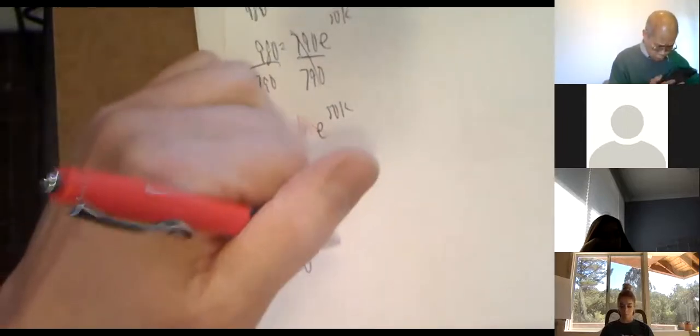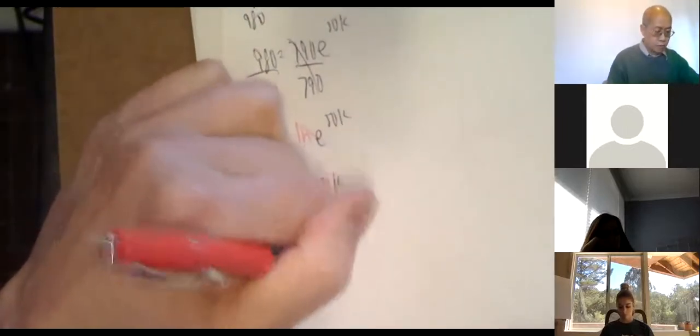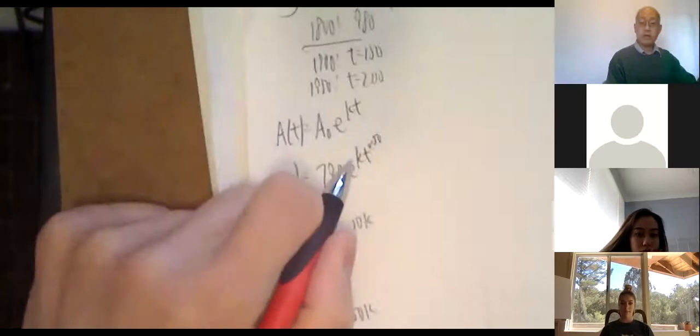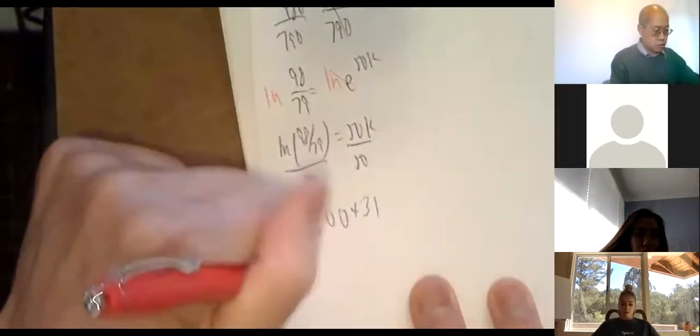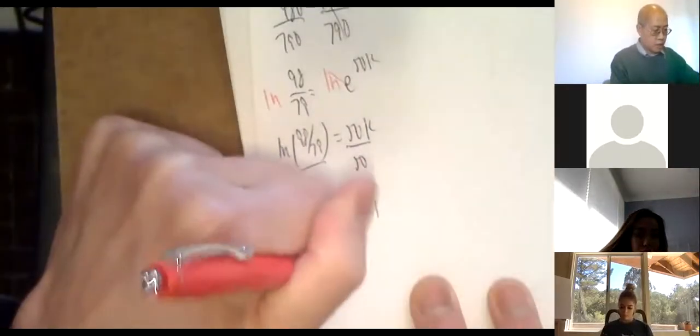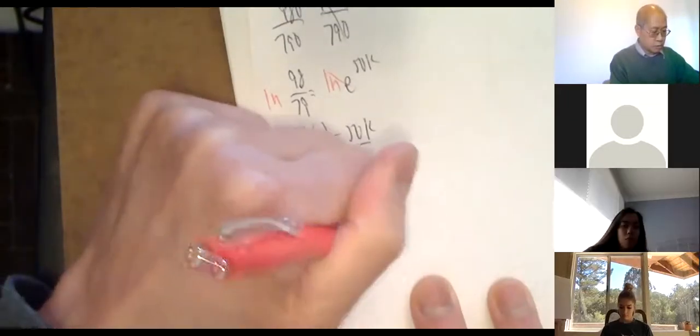So natural log of 98 divided by 79, and then take that answer and divide it by 50. 0.00431. Okay, that goes way back over here. So A of t is 790 e to the 0.00431t. Okay, that pretty much clinches it.